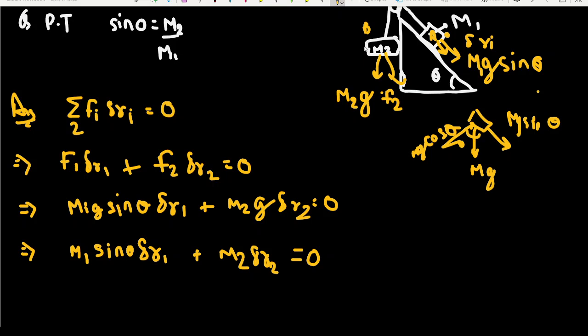Then this particular mass will take a δr2 displacement, such that δr1 is just the negative of δr2. This is a very important conclusion.